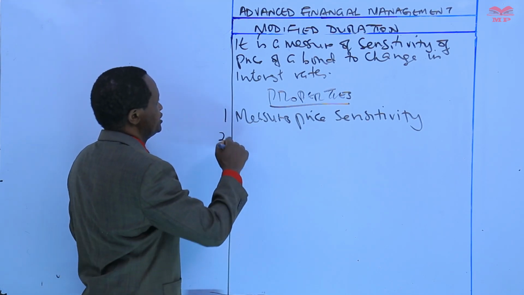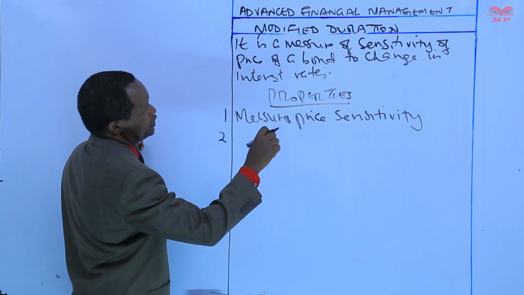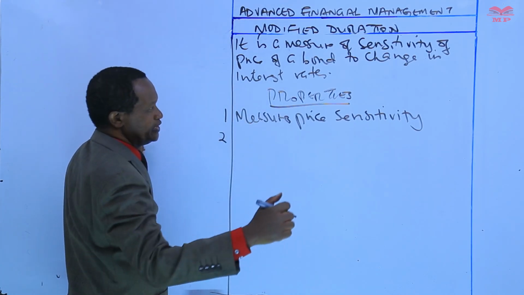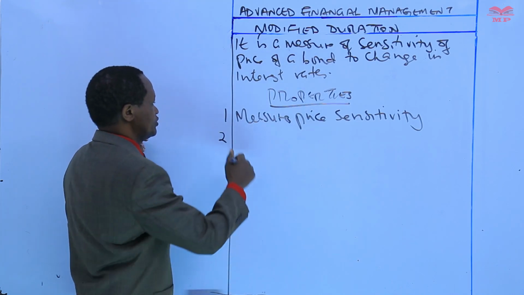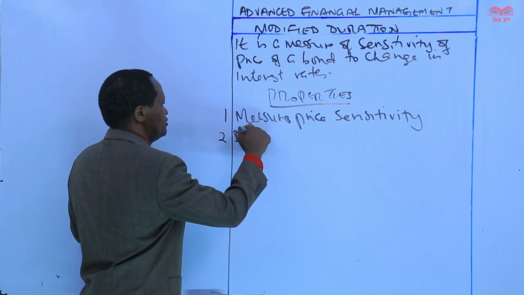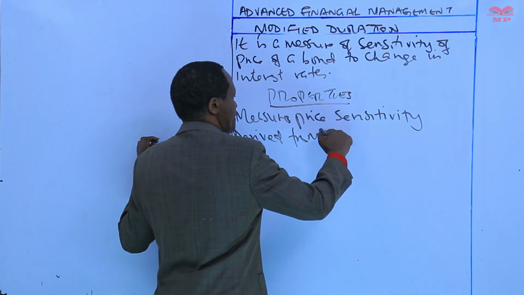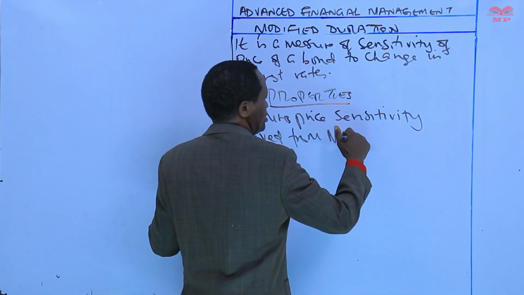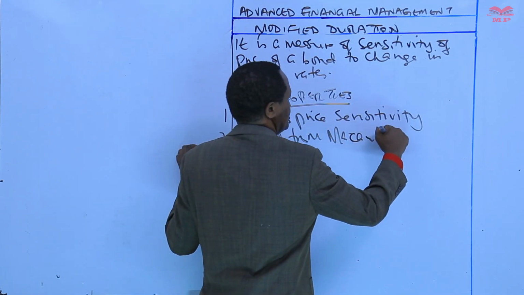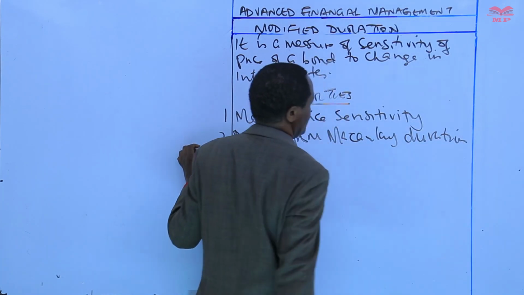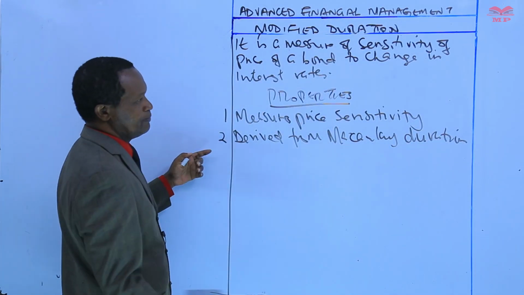The second feature is that the modified duration is derived from Macaulay duration. Shortly we'll be looking at the formula. The denominator will be the Macaulay duration.